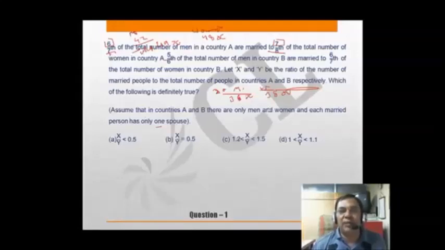Let x and y be the ratio of the number of married people to the total number of people in countries A and B respectively. Which of the following is definitely true? They are nearly the same. But I'll have to calculate the married people.